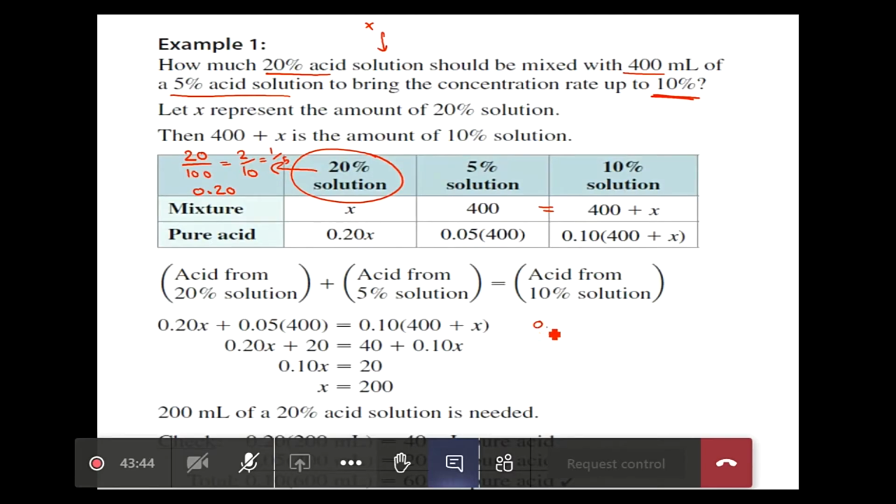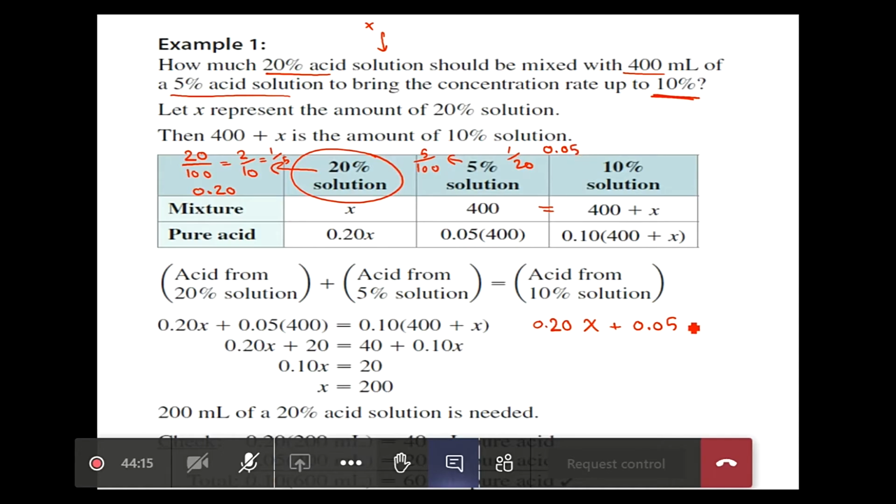So we have 0.2 of what? Of the milliliters of acid solution, this is the X unknown, plus 5%, so we have 0.05, because this is 5 over 100, okay? We can put it as 1 over 20, or 0.05.